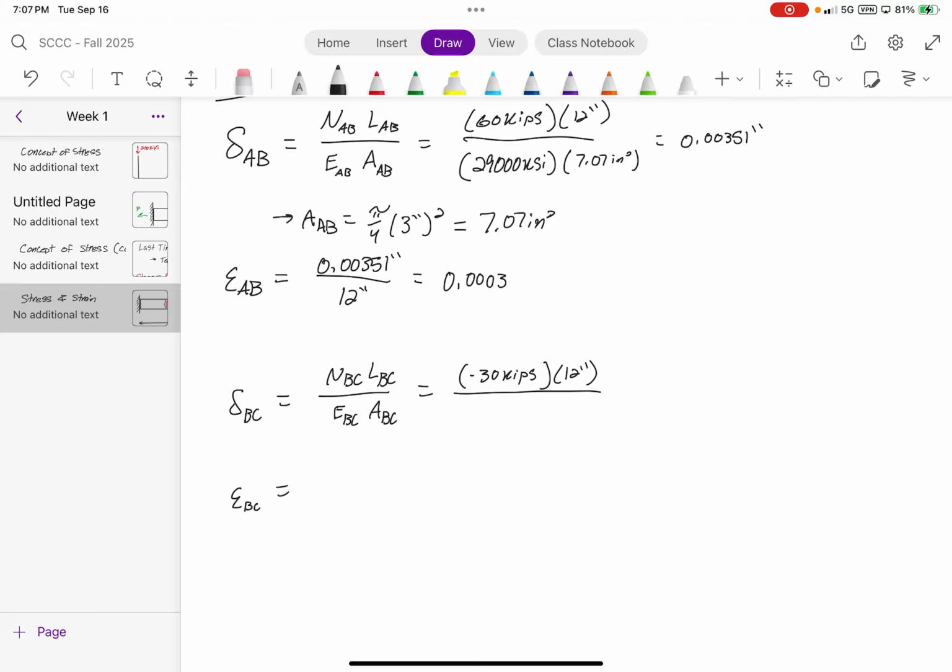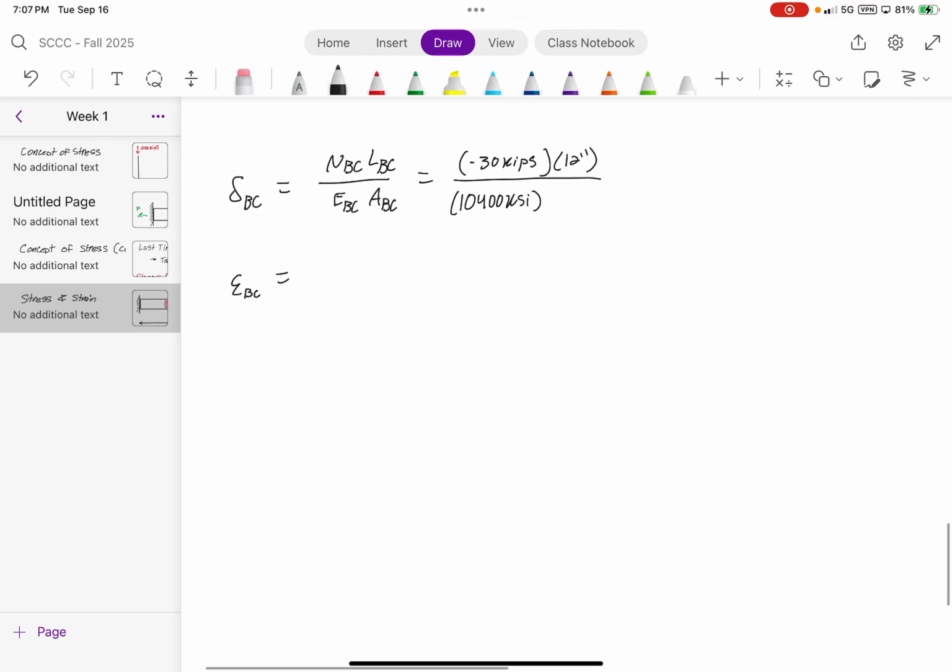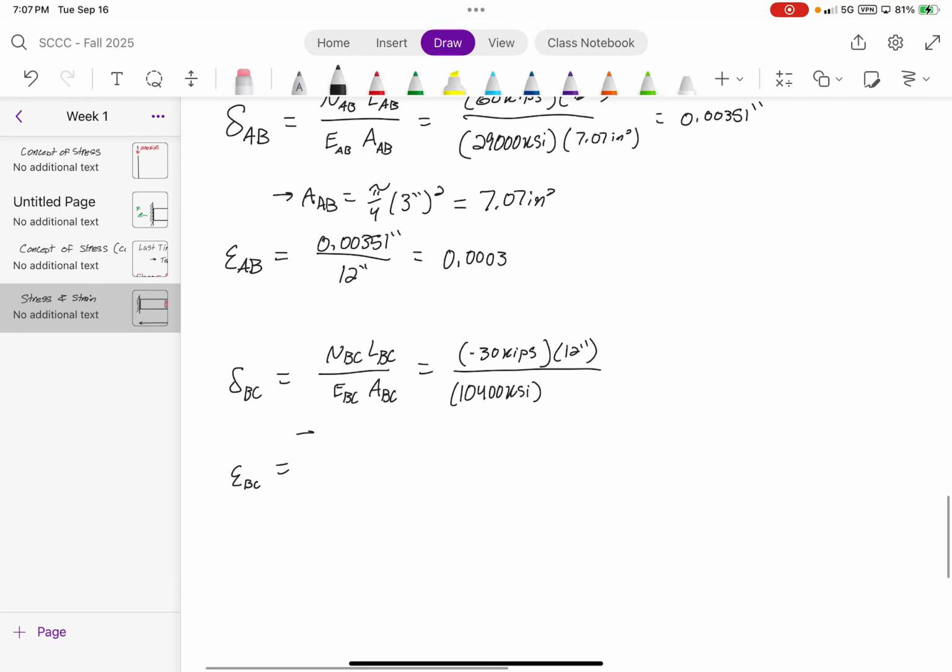The elastic modulus of this material would be 10.4 times 10 to the 3, so 10,400 KSI. And then the area, you would just do pi over 4 times 1 inch squared. You would get an area of 0.79 inches squared.